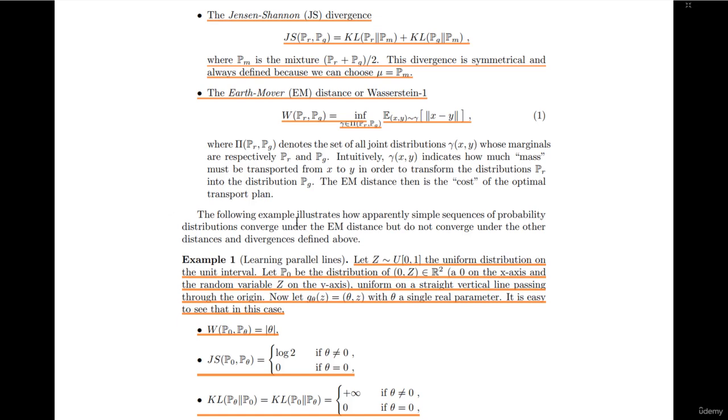Now, in the following example, we shall see how apparently simple sequences of probability distributions converge under the EM distance, but do not converge under the other distances and divergences defined above. We define Z to be a random variable from the uniform distribution on the unit interval.